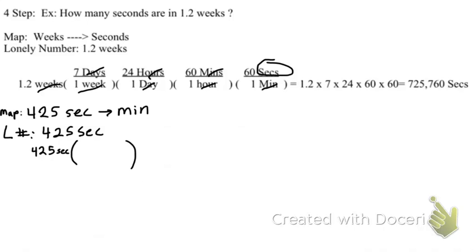Give myself some room to work. Because I have seconds right here, I'm going to need to put seconds on the bottom here. So these are also seconds. And I want to go to minutes, and I know a conversion for minutes, so I can put minutes up top here.